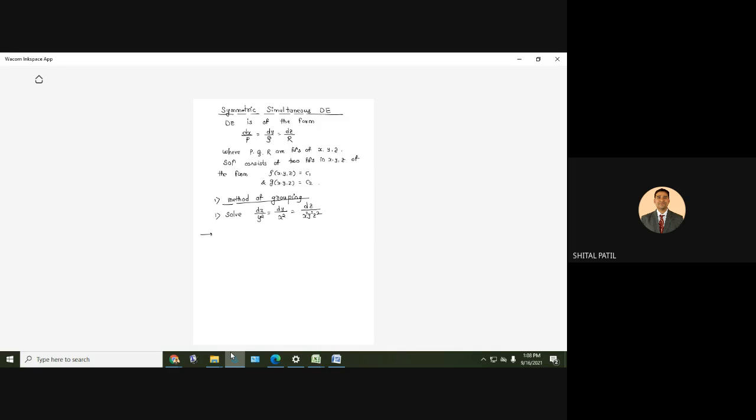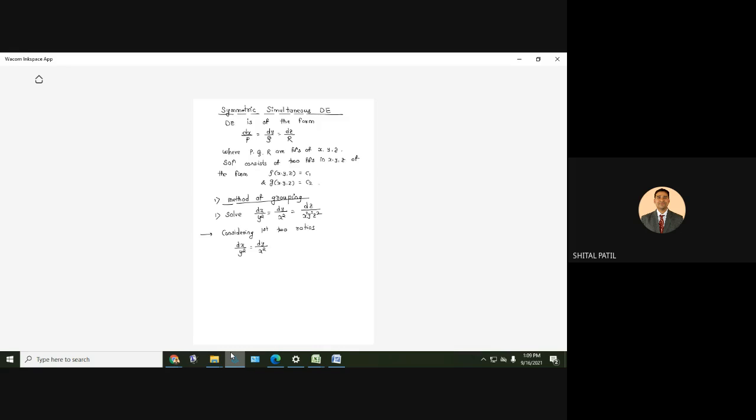Okay. Considering, so two solutions are required, remember this. Considering first two ratios, so dx divided by y square and dy divided by x square.